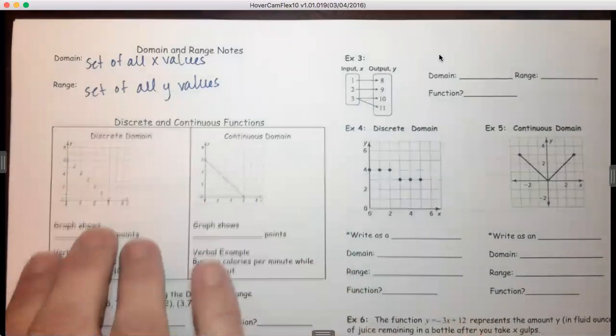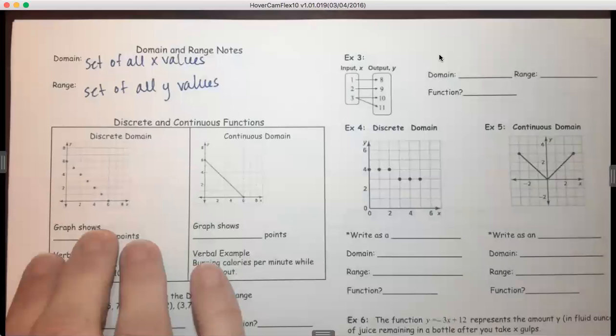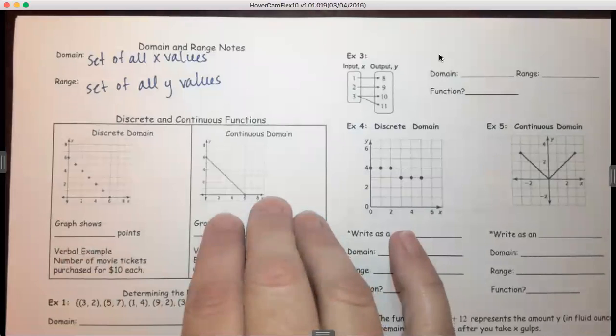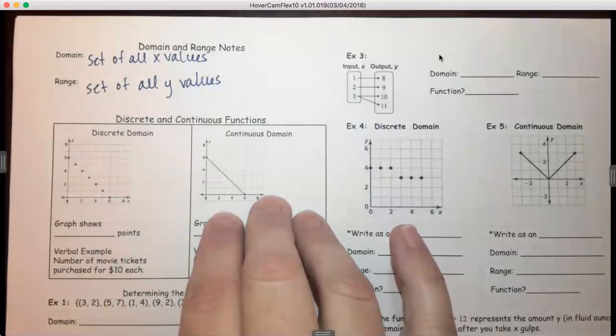So discrete is if you're counting humans, right? There's only 1 human, 2 humans, 3 humans. We don't have 1.25 humans. Continuous is more like height, speed, distance. You can go 4.7234 miles. You can be 5.7 inches high or feet high, 5 feet 7 inches.